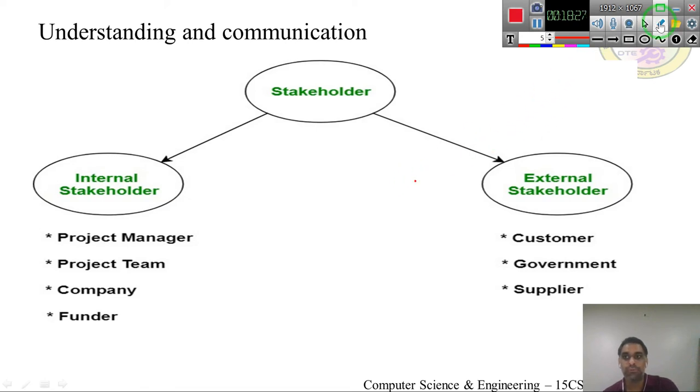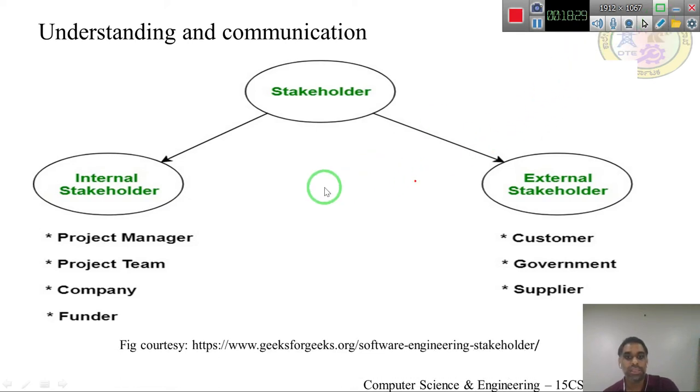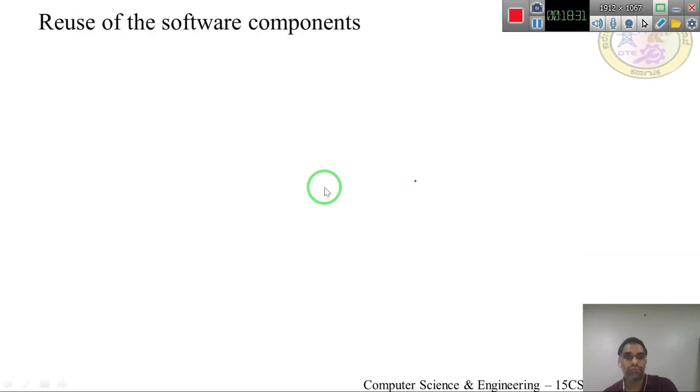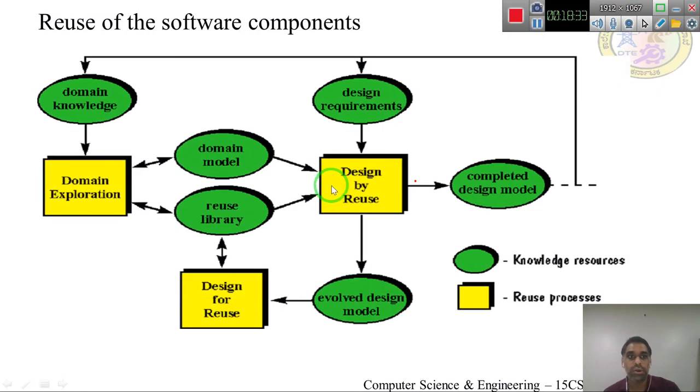So the next part would be reuse, reuse of software components. So how could reuse of software components help you in coming out with a better system, right? We see that the oval shape filled with a green color denotes knowledge resources, whereas the rectangle filled with a yellow color deals with the processes that have been reused.